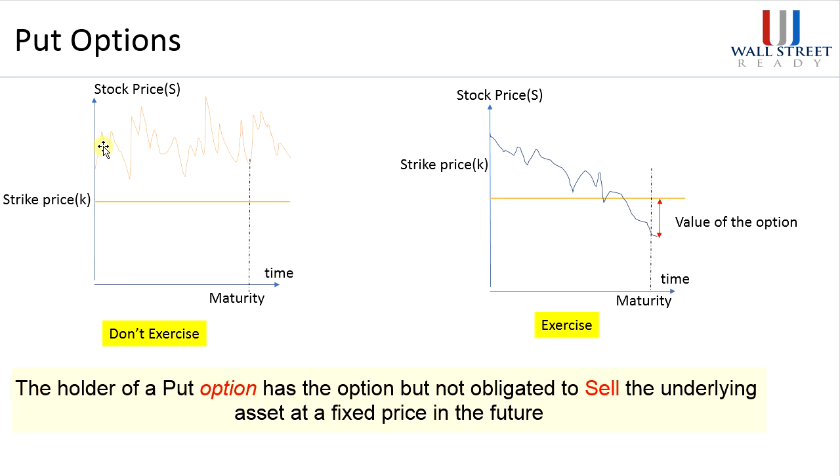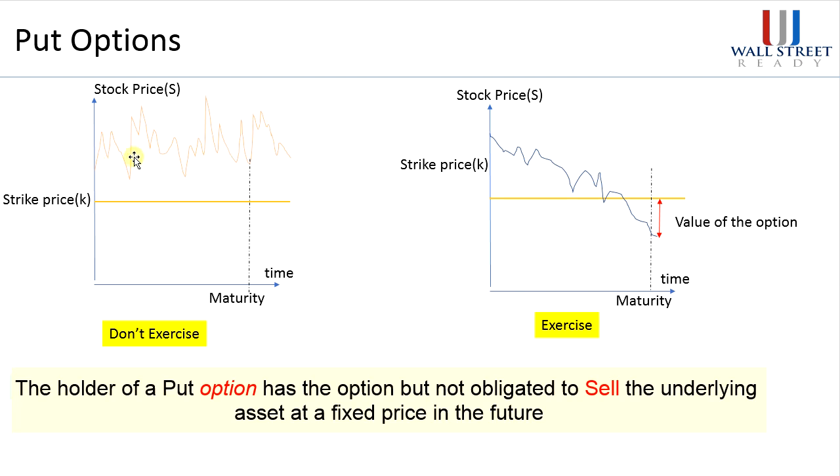So if you look at here, let's assume that the underlying is a stock. The stock price is quite volatile, you can see here, and this is the strike price of the option, or the fixed price at which you could sell this particular stock. Now in this case, you will not use your right to sell the asset at K, because you're better off selling at the market price, because the market price is much higher.